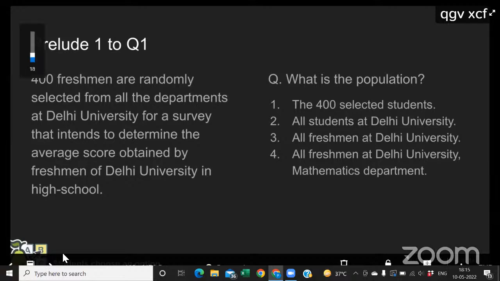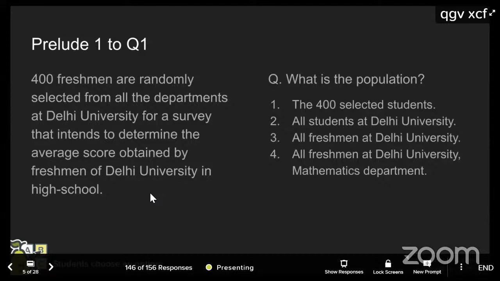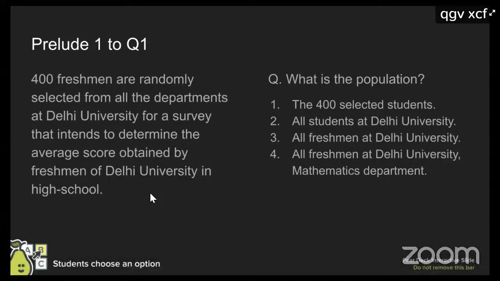Sir, what's the correct answer for the first question? See, correct option is third. Because if you see the question, 400 freshmen are randomly selected from all the departments at the Delhi Institute for a survey that intends to determine the average score obtained by the freshmen of Delhi Institute in high school.